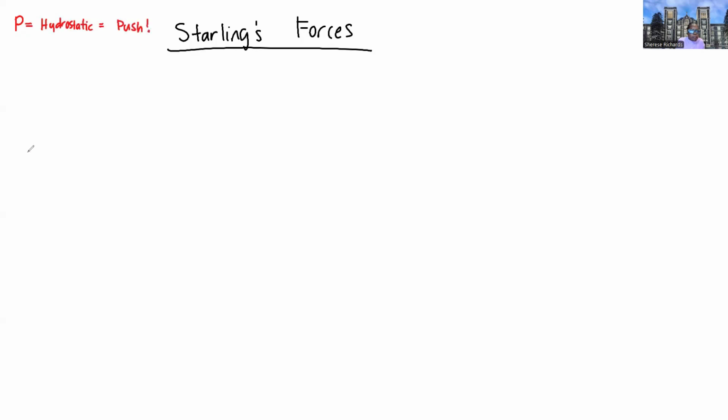So we are looking at Starling's forces, and I'm going to describe some symbols here. This large P is representing the hydrostatic force, and this, we said, is a push force.